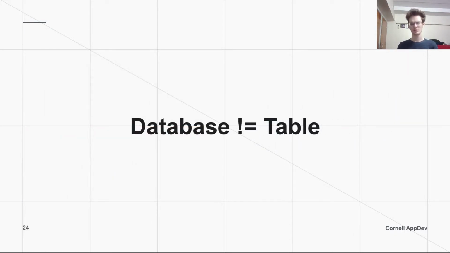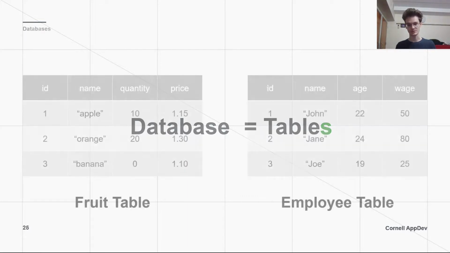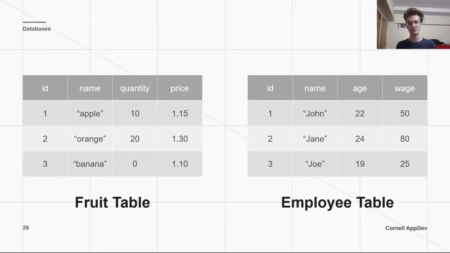So it's important to remember, though, that a database is not just a table. A database is a set of multiple tables. So we can have a couple different tables in our example here, a kind of grocery store example, perhaps, where we can store what kind of fruit we have, how much fruit, how much the fruit costs, as well as some of the information about our employees, their names, ages, how much money they make.